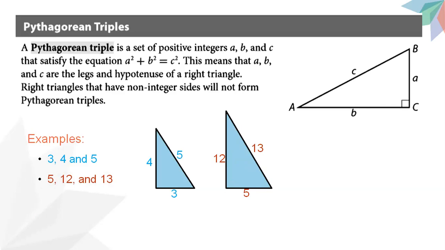You can check it on your calculator with the Pythagorean rule. The third well-known one is 7, 24, and 25. 25 is the hypotenuse because it's the longest side. The fourth well-known one is 8, 15, and 17.